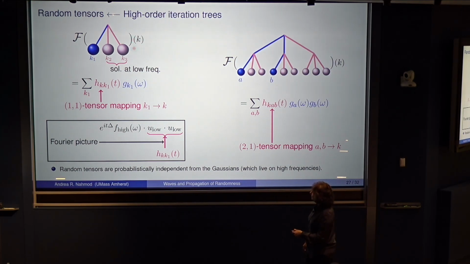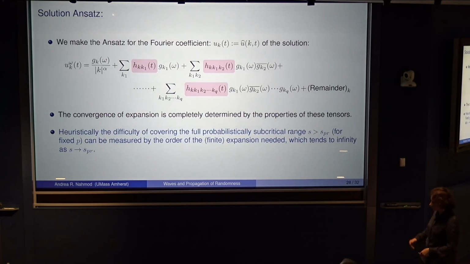So what you see is that what you get here is nothing but a color Gaussian, because we proved that this random tensor, which is just a matrix, is almost diagonal. Okay, and these are examples of 2-1 tensors. And so what we do is we organize this high complexity, and we give an ansatz. And so this is the description that I was telling you before.